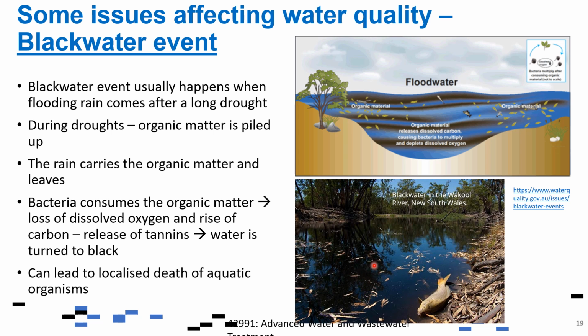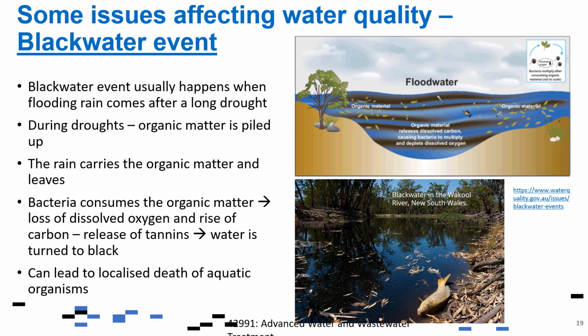And also added to that is the release of tannins from the organic materials, which will make the water turn black. It's like dead water because of the depletion of oxygen. So there is a lot of dead fish, and aquatic animals will be very, very much affected. So these are two of the issues that could affect water quality.